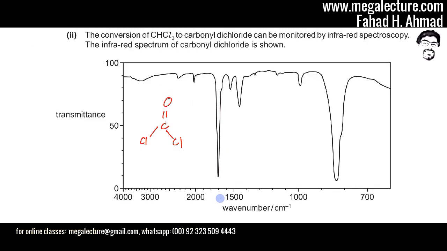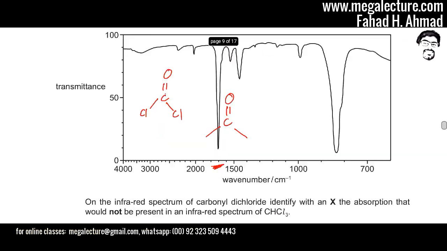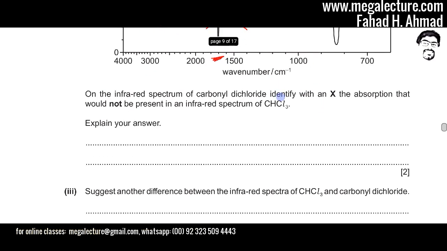So this absorption around the 1600 to 1700 range, this is the C double bond O absorption. This is the bond that is going to be absorbing in the infrared spectrum somewhere around this range. So this absorption at wave number 1600 is going to be present in this molecule, whereas we were supposed to compare it with CHCl3. In CHCl3, there is no C double bond O present. So that is one difference between the absorption spectrum of CHCl3 and the carbonyl dichloride that we had this spectrum for.